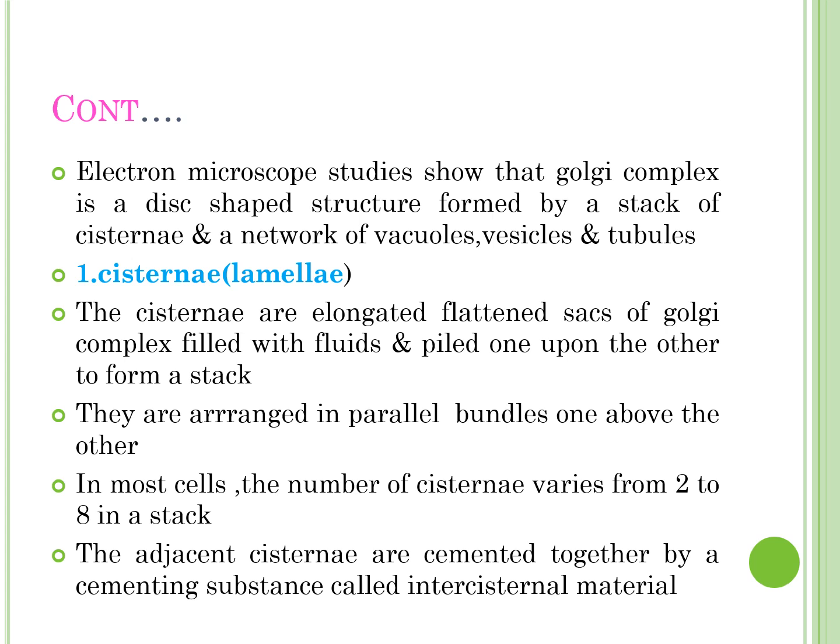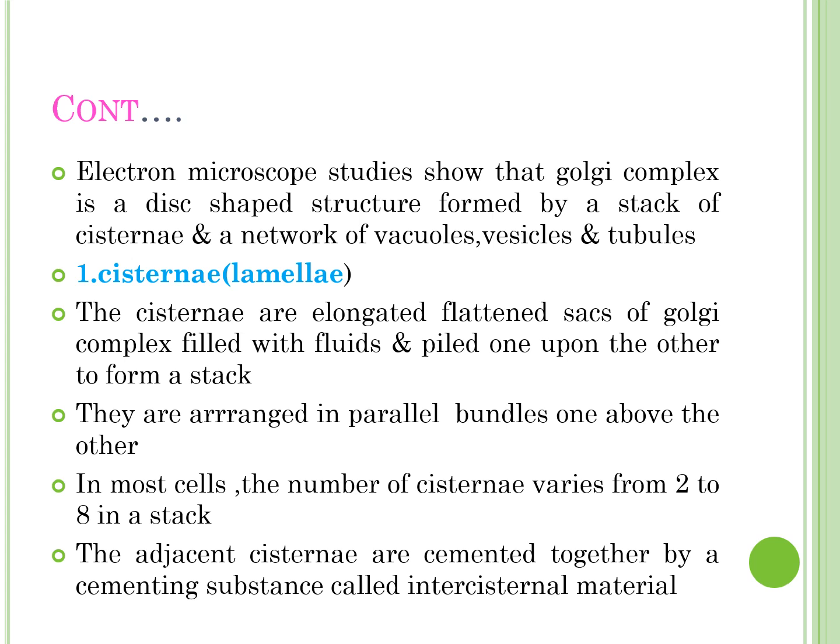Electron microscope study shows that Golgi complex is a disc-shaped structure formed by a stack of cisternae and a network of vacuoles, vesicles, and tubules. In the structure, the first part is cisternae, which is otherwise called lamella. The cisternae are elongated, flattened sacs of Golgi complex filled with fluids and piled one above the other to form a stack, and they are arranged in parallel bundles.